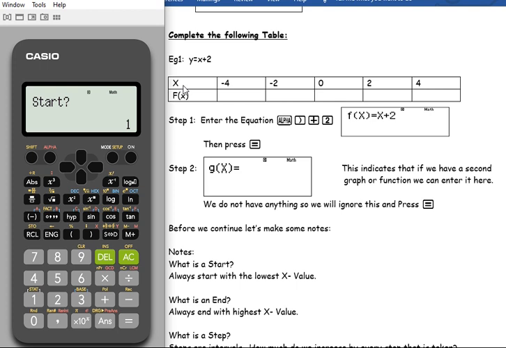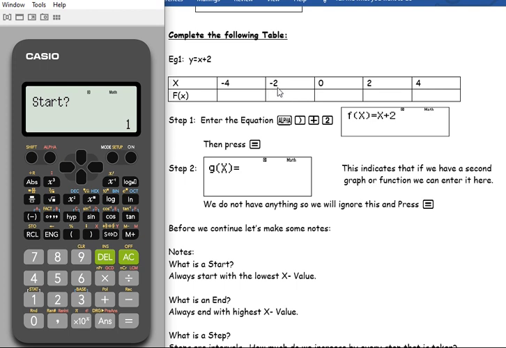So, as I mentioned earlier, we are always going to be using our x values. We are starting with our lowest x value, which is -4. We are ending with our highest x value, which is positive 4, or just 4. Now to answer the question that everybody worries about, what is a step? If I start with minus 4, I take a step and I go to minus 2.